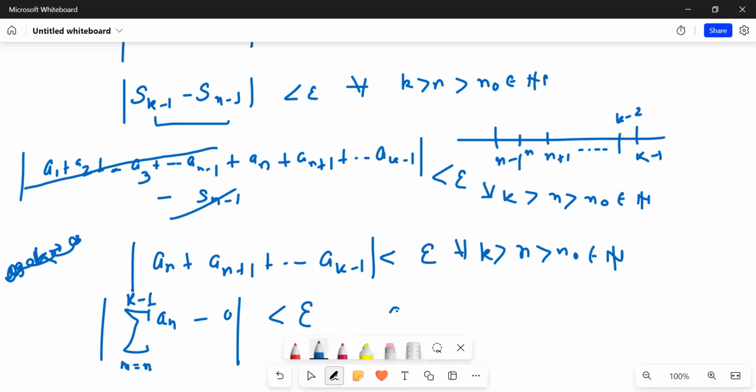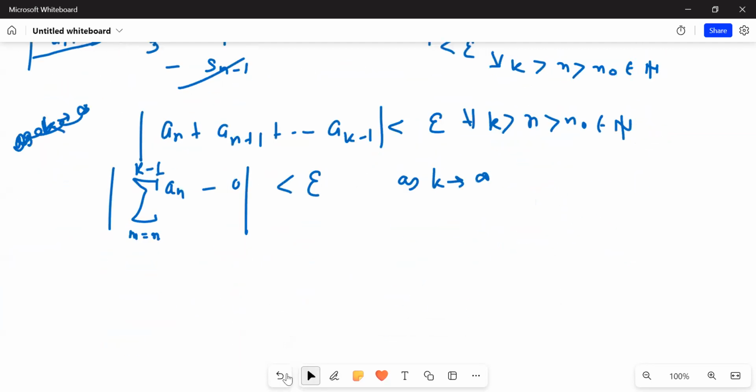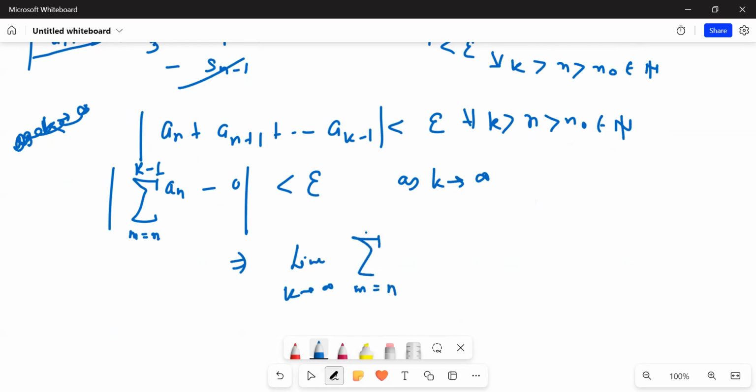Now, as k tends to infinity also, even if you take k as large as possible, this particular modulus can be made less than epsilon. It implies that limit k tends to infinity of summation m equals n to k minus 1 of am is equal to 0, clearly.